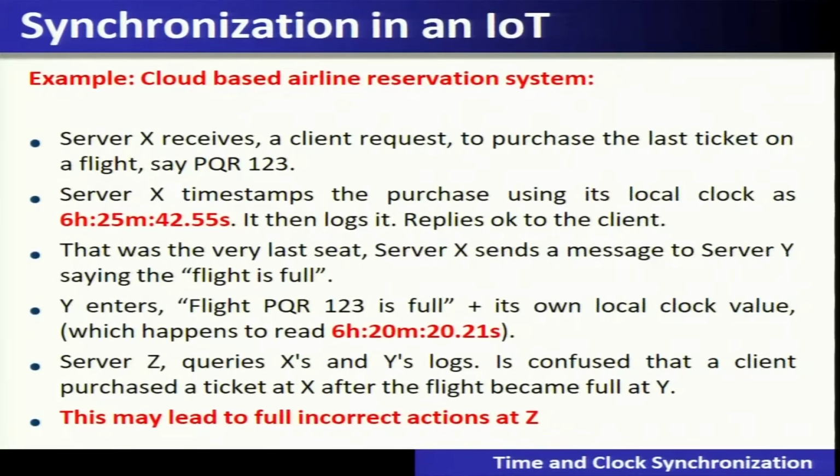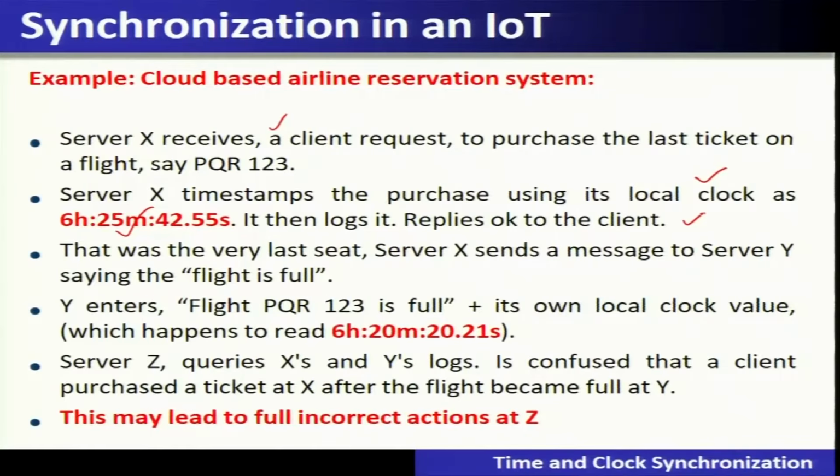So server X receives a client request to purchase the last ticket of a flight. Now server X timestamps the purchase using its local clock, let us say 6 hours 25 minutes, and locks it and replies OK to the customer.